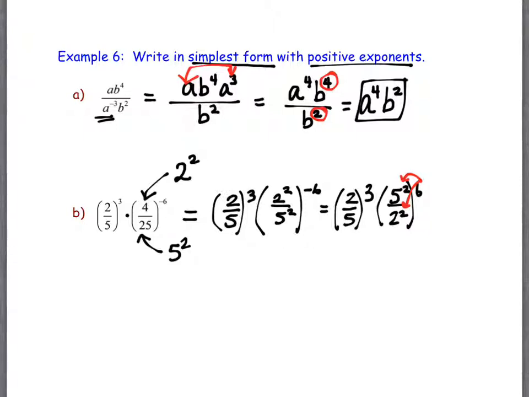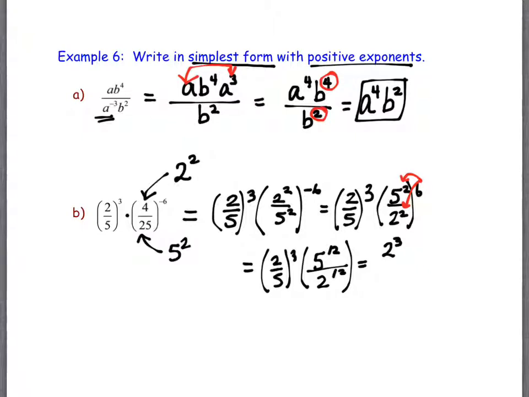Okay. So I'm not changing the first value. It's still 2 over 5 to the 3rd. But now I have, what do I have? 5 to the 12th over 5, I'm sorry, 2 rather. 2 to the 12th. The first one looks a little bit awkward because it says 2 over 5 to the 3rd, so how about we distribute that 3 in as well? Is that okay? So now I have 2 to the 3rd.